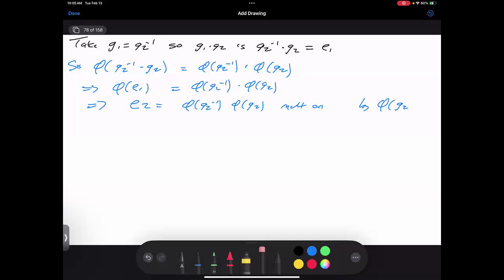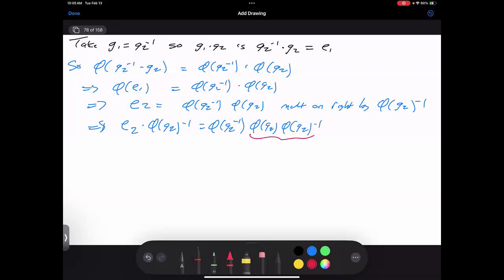Let's do it this way. We'll multiply on the right by phi of G2 inverse. And then that gives us E2 times phi of G2 inverse is phi of G2 inverse, phi of G2, phi of G2 inverse.